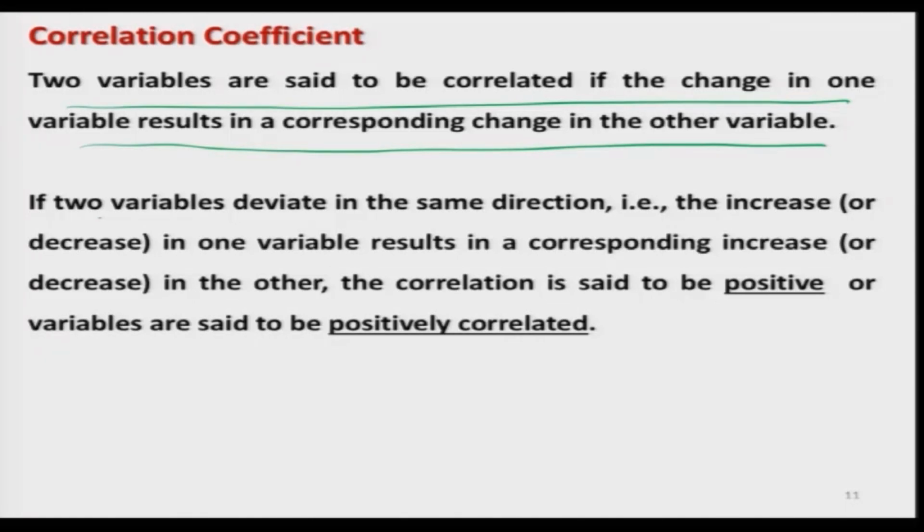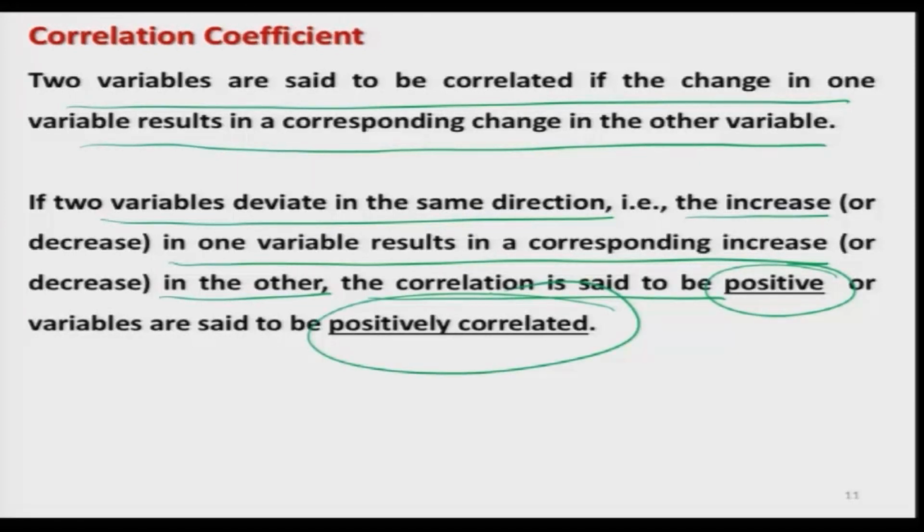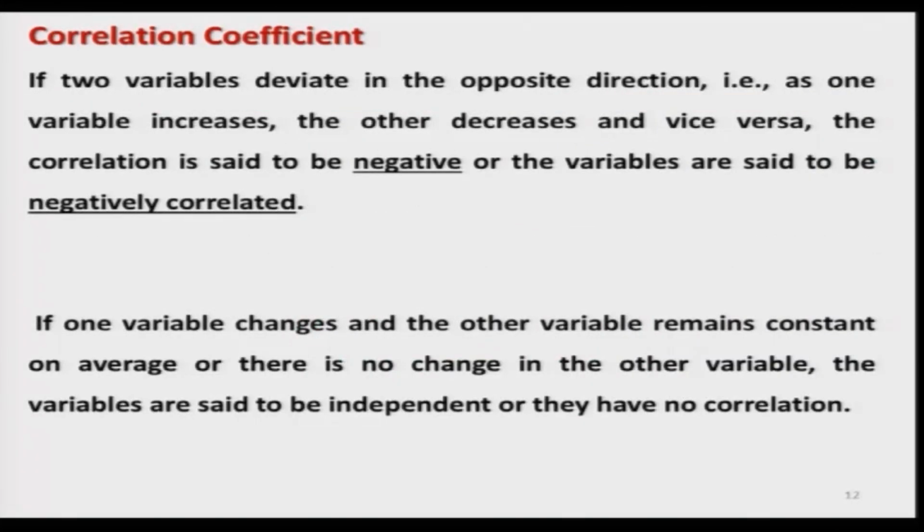If the two variables deviate in the same direction, that is, if one variable increases, the other also increases, or if one variable decreases, the other also decreases, then we say that the correlation is positive and the variables are positively correlated, right.